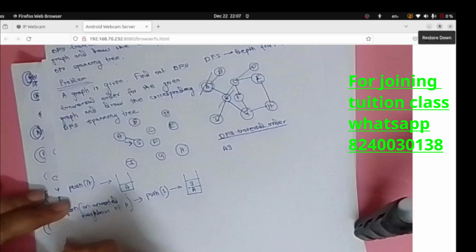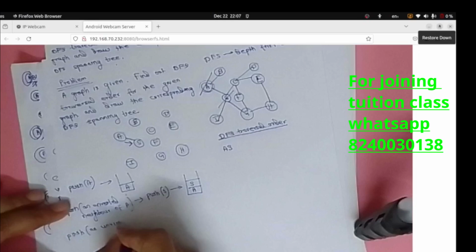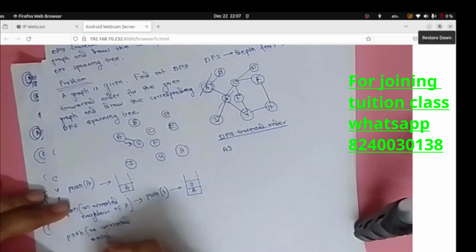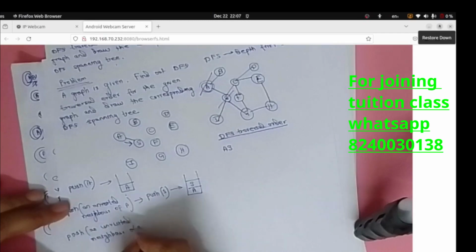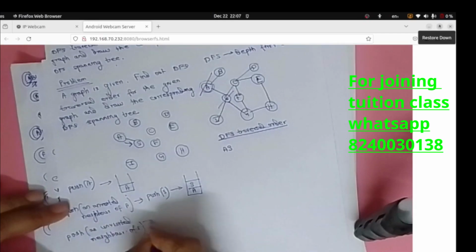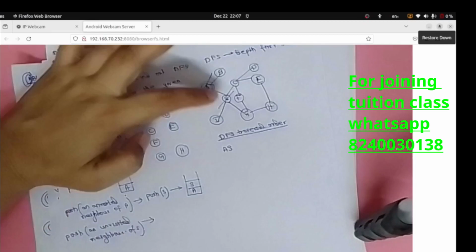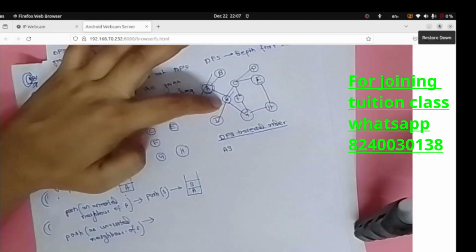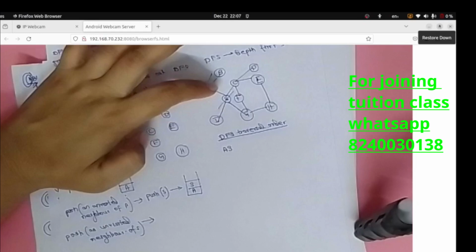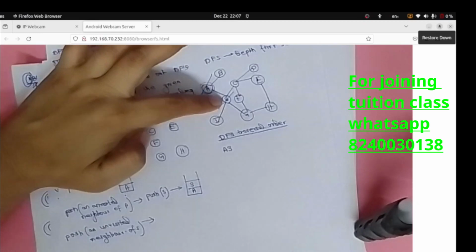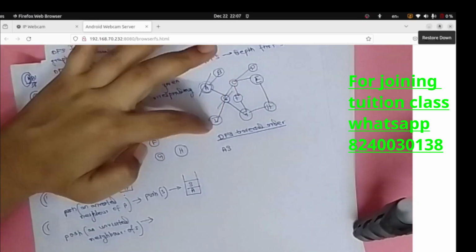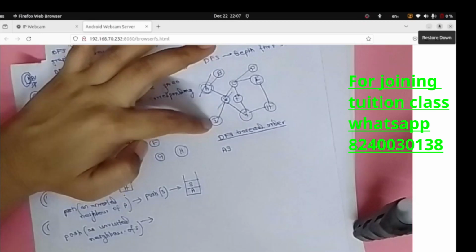neighbor of S. So for that we have to see this graph. From this graph, there are three neighbor vertices of S, which are C, G and I, and all of them are unvisited.